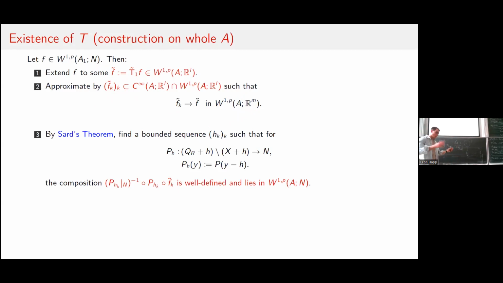Sard's theorem tells you if you have a sufficiently smooth function, the set of critical values has vanishing Lebesgue measure in your target space, and we cannot assure that really these f tilde take values in the set of singular points of your projection in a set of measure 0.